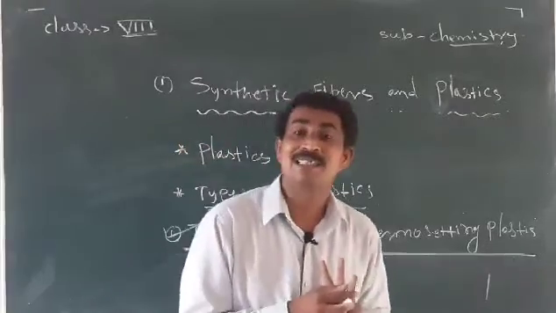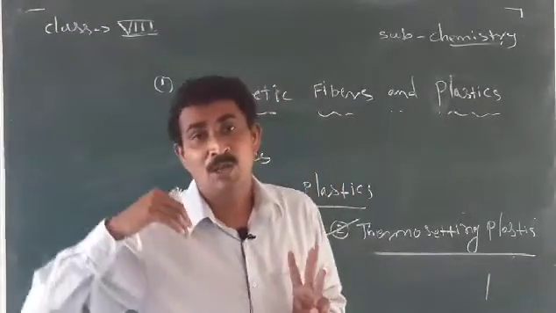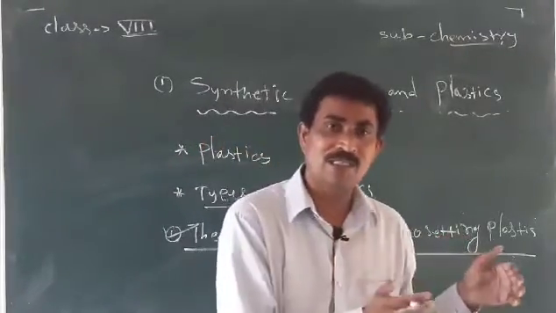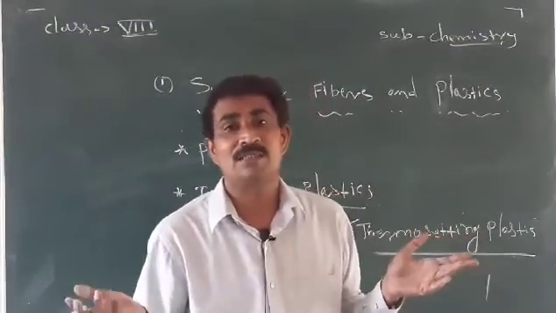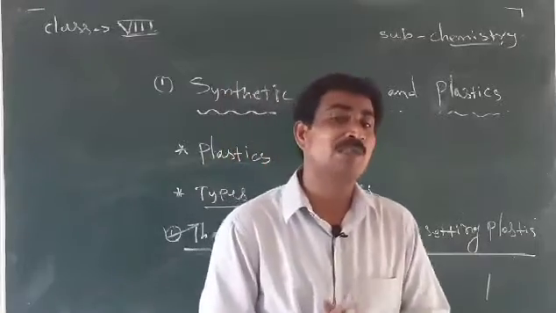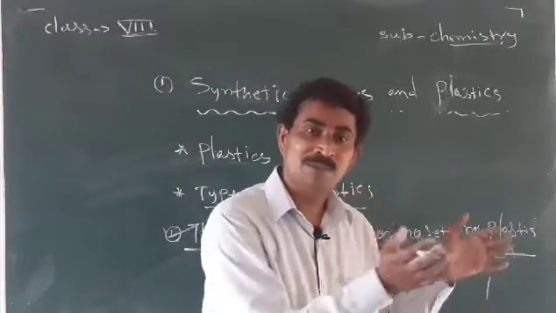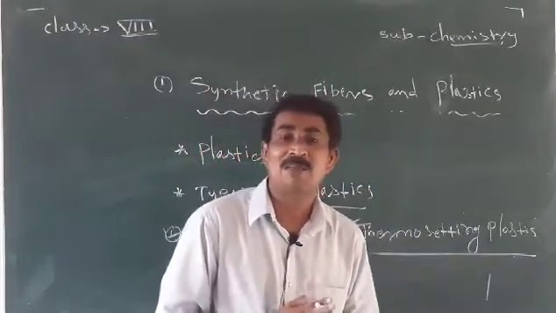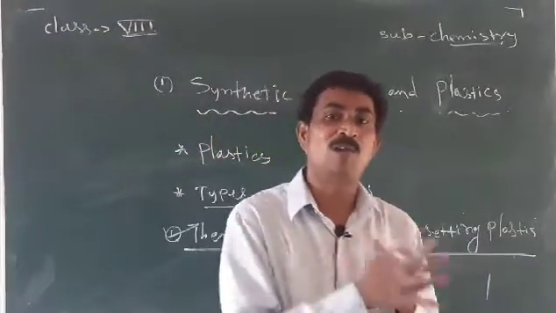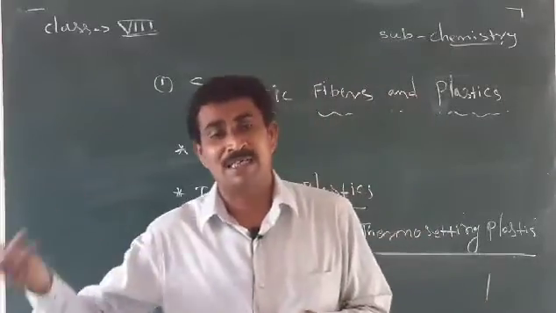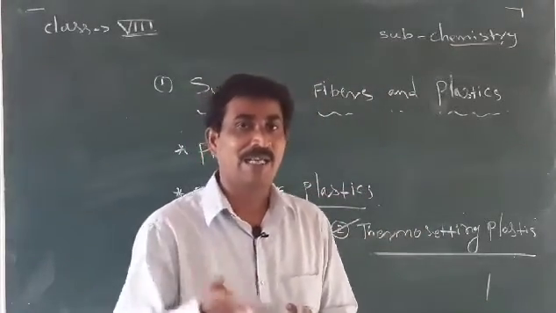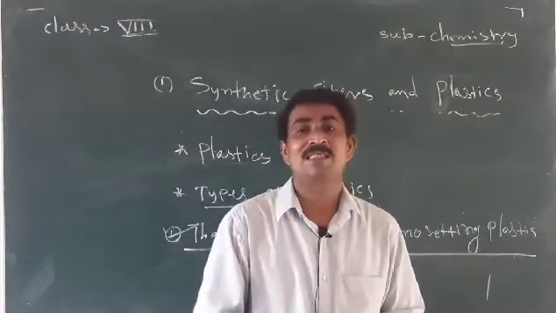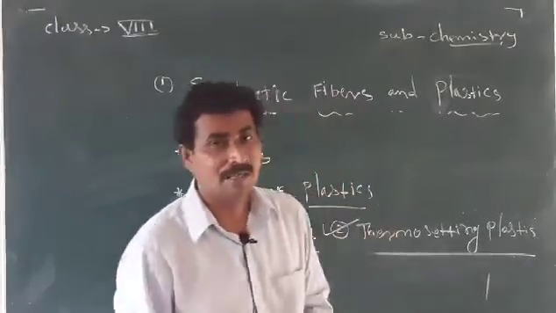Third, it is available at a cheap rate. Comparing metal and plastic, suppose there is a metal pot and a plastic pot, the price is also different, so people use plastics. Also, a variety of colors is available in plastic, but in metals we cannot get such colors.